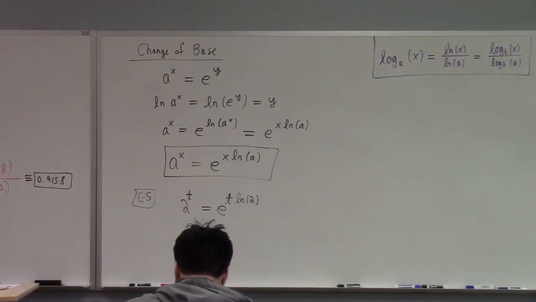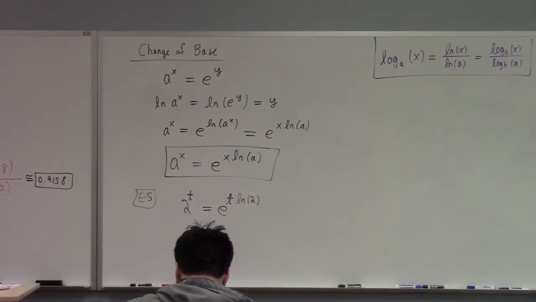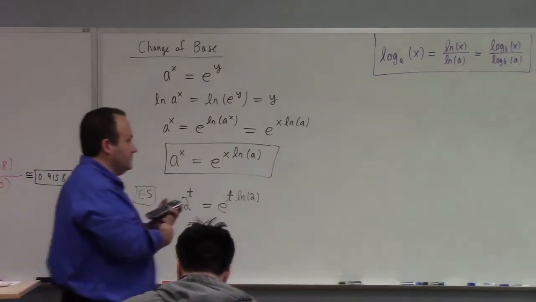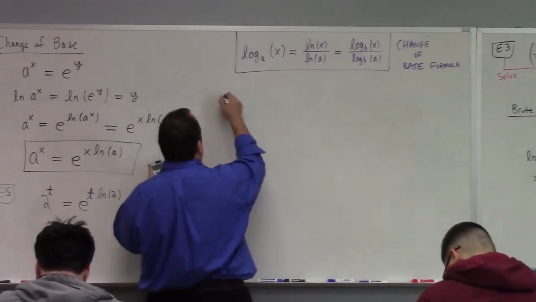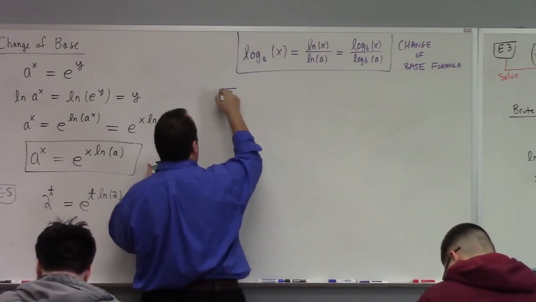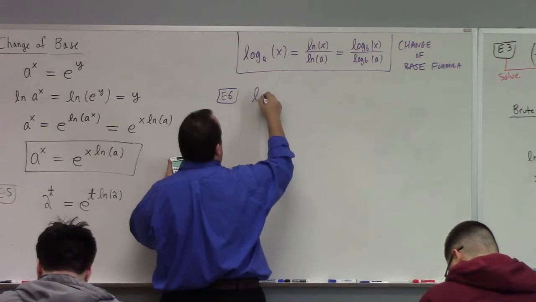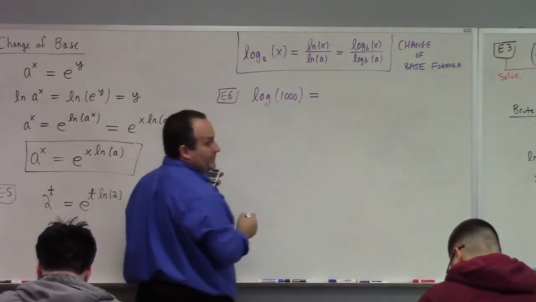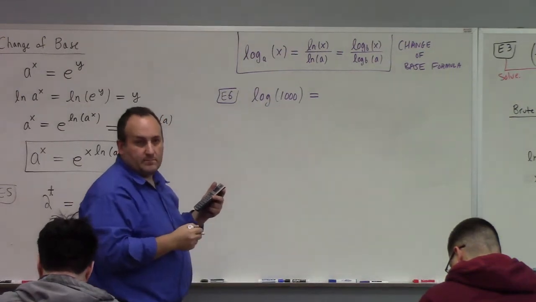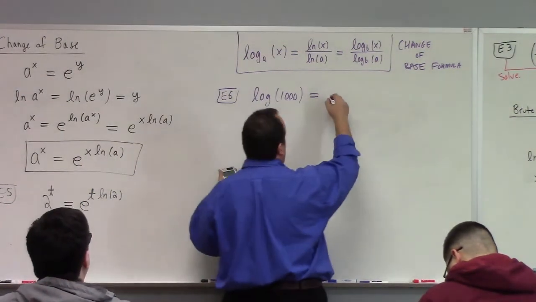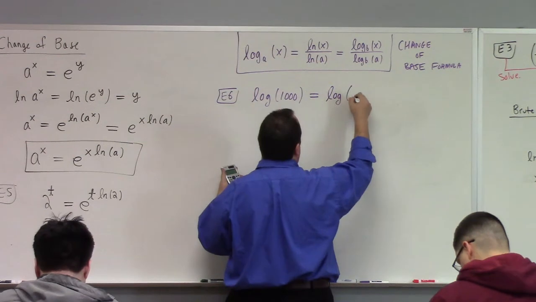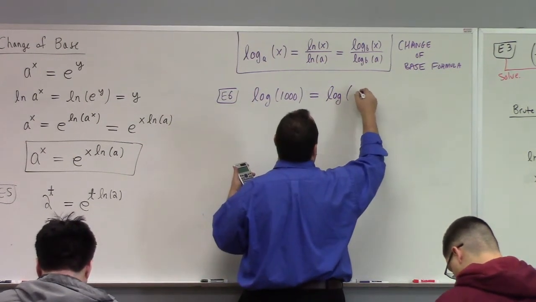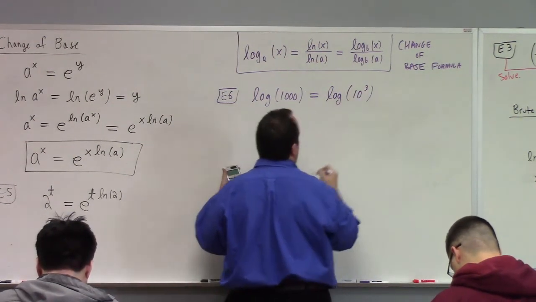And what is that log? That's actually the common log. If you're ever in doubt about what log you're working with, like example 6, here's a real low-tech one. If I calculate common log of 1,000, what should it be? 10 to the 3rd power, right?